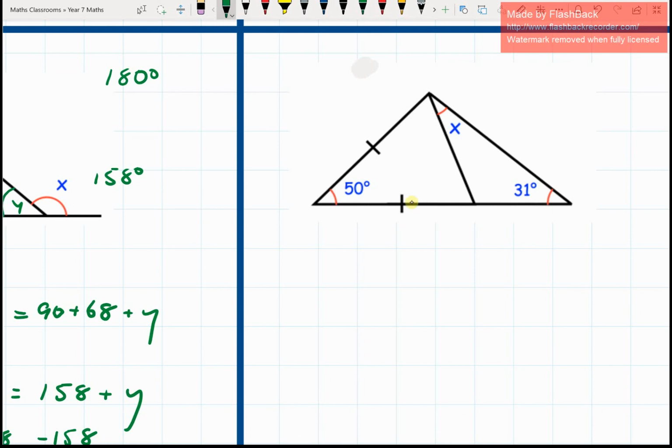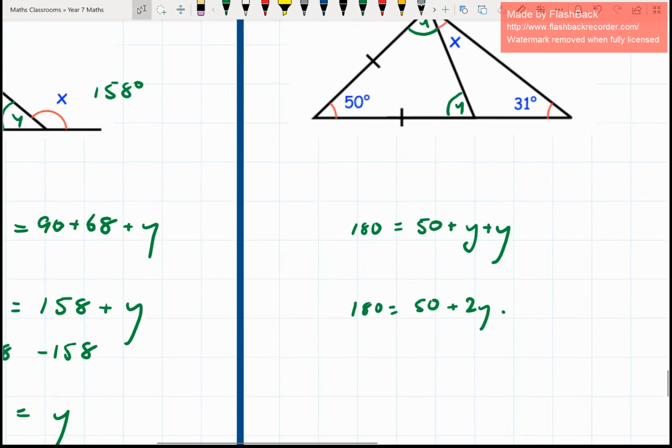Okay, so we know this bottom angle, we'll call it y, is going to be the same down here. So we know that these three angles are going to give us 180 degrees. So in reality, I've got 50 plus y plus y, because we know they're going to be the same value. So I have 180 equals 50, and I collect the like terms, which is 2y.